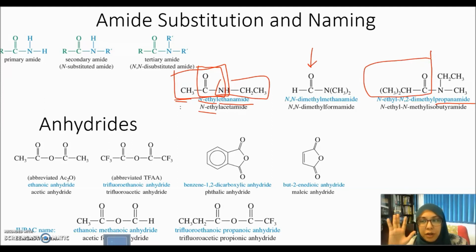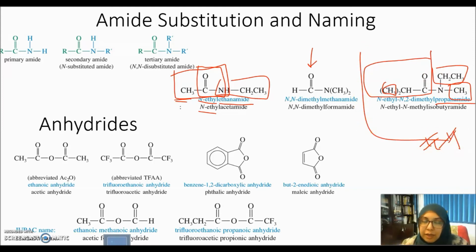You have propanamide, and then you have methyl at carbon 2. And then you have other substituents at nitrogen. Now for nitrogen, spell out what it is. Methyl, and then we have methyl there, we have methyl here, but this one is an ethyl. So this one is quite a strong example.